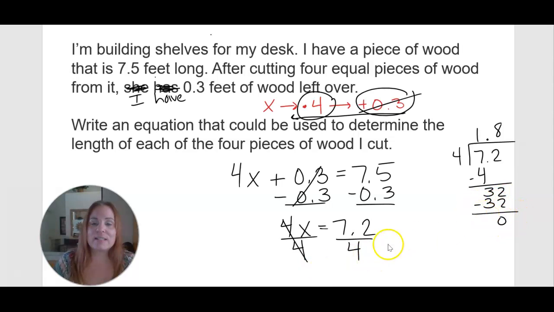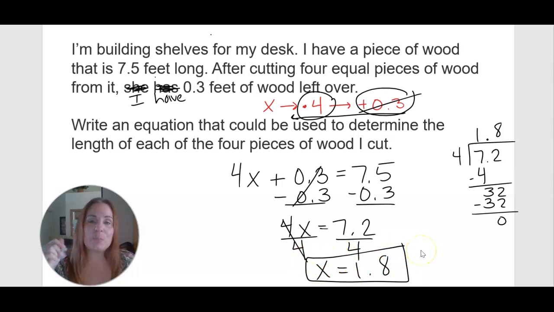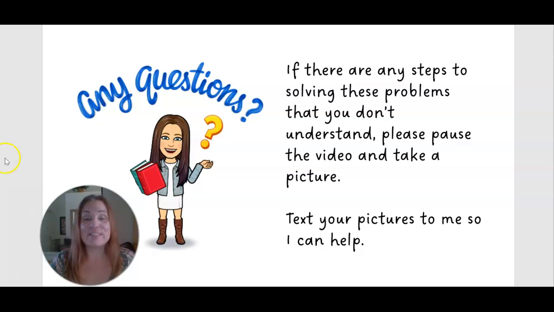And I get that x is 1.8, which means each piece of wood that I cut was 1.8 feet long. And then I had 0.3 or 3/10 of a foot left over, and put those together and you would get 7.5 feet total.